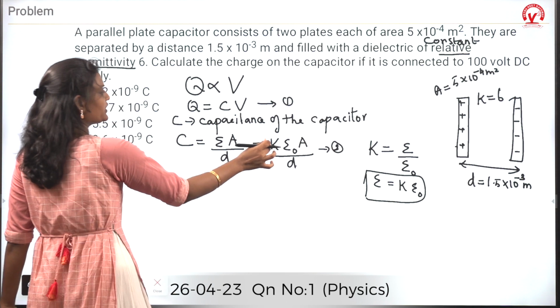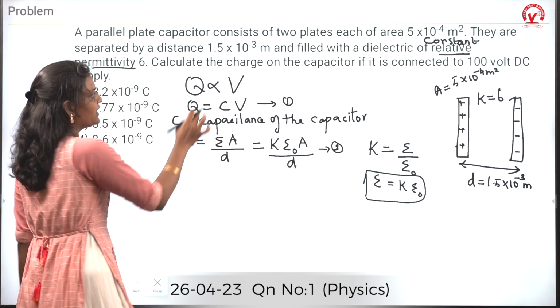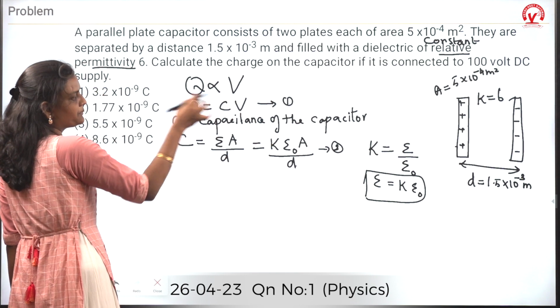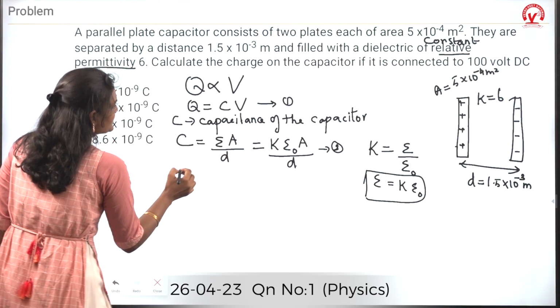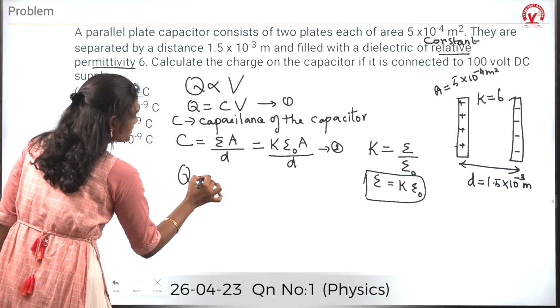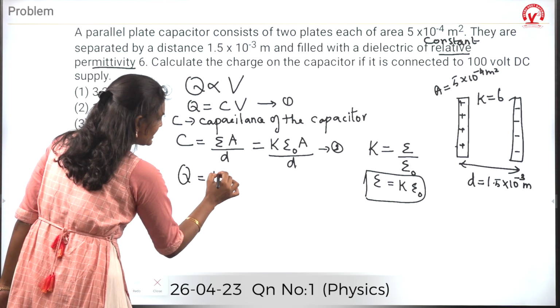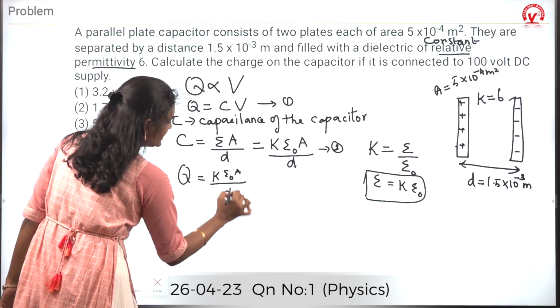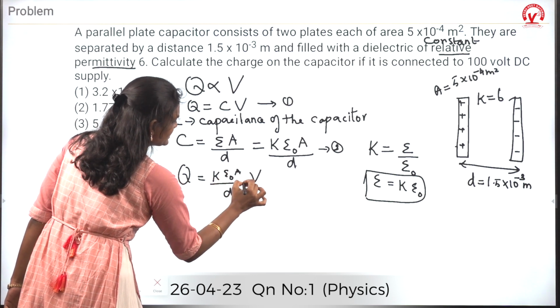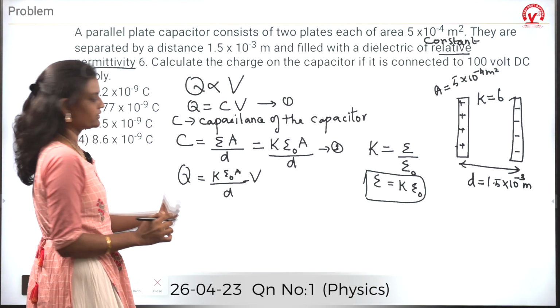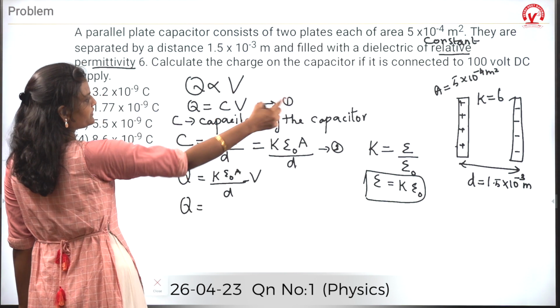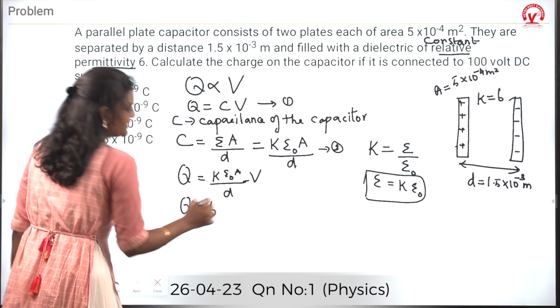Now substitute equation 1 in equation 2. Our aim is to calculate the charge stored in the parallel plate capacitor. Now Q is equal to C, that is K epsilon naught A divided by D, into V. So Q is equal to K, which is given as 6, the dielectric constant.